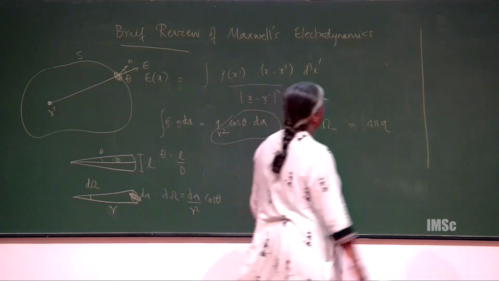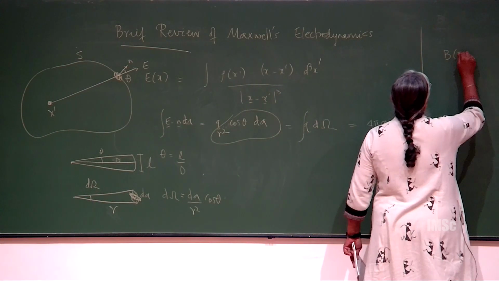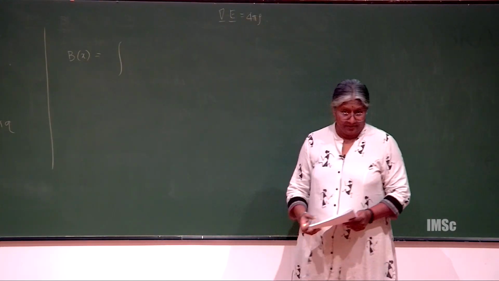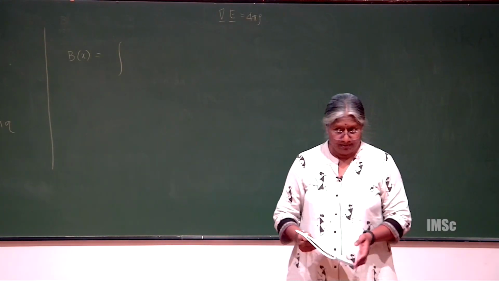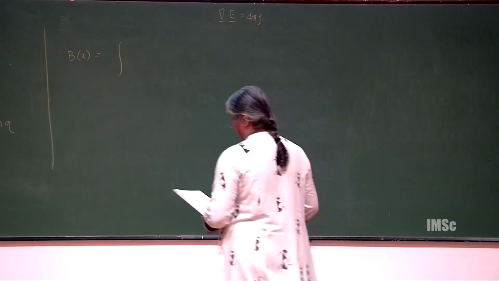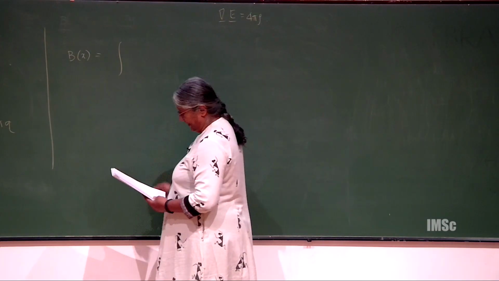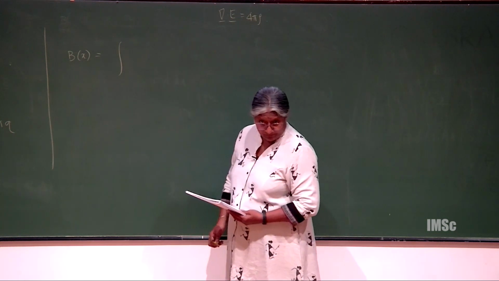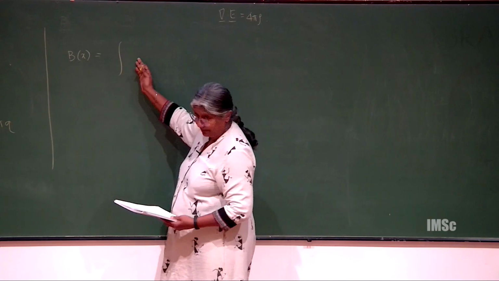So suppose now I have a static magnetic field. How will I write B of x, just by looking at that equation? Similar, right? Again, B is, what will you write? Instead of rho, what will you write? Very nice.